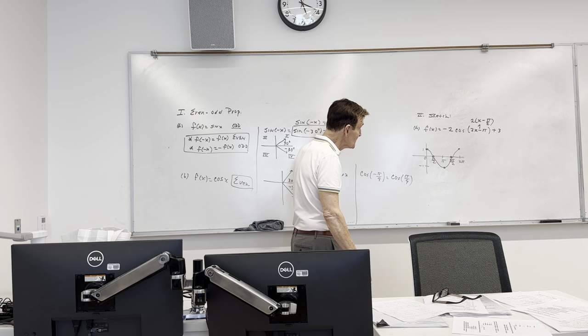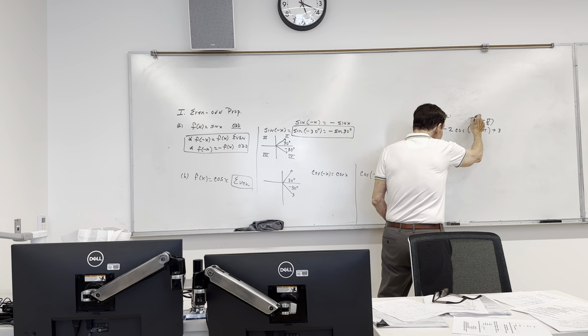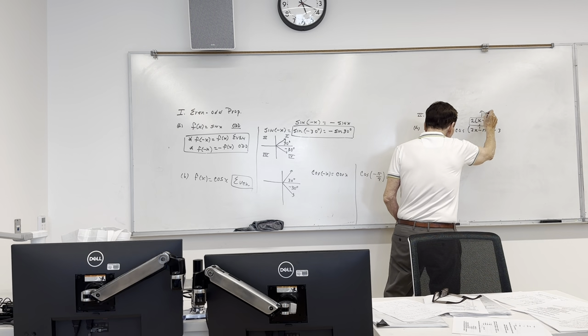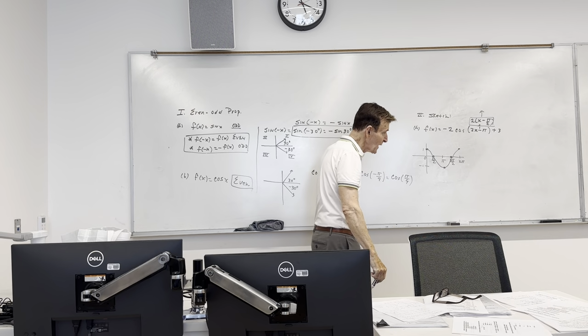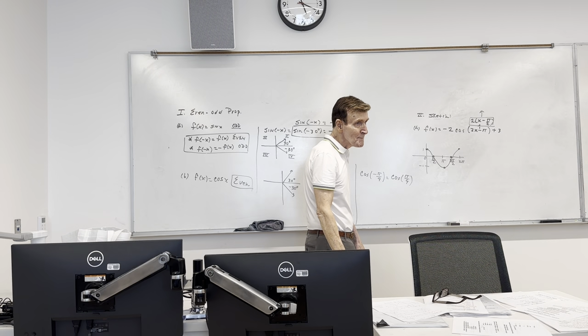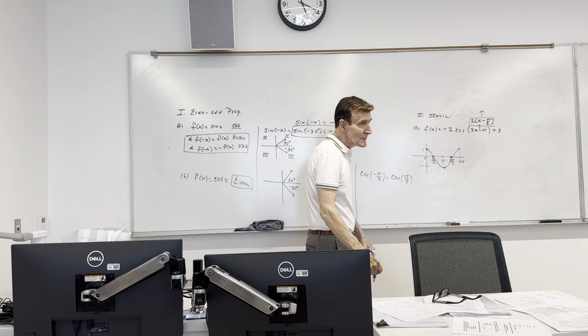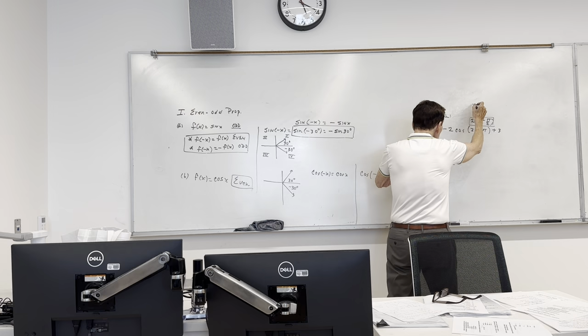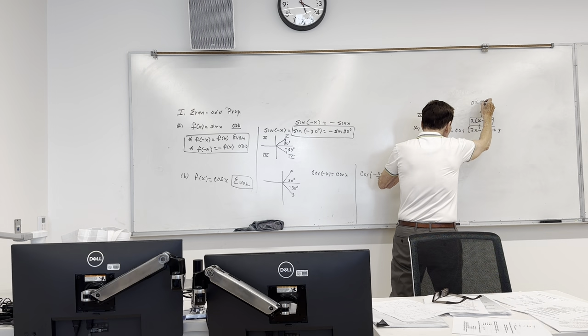You say, what are you going to do, Professor? I'm going to take this and force it to fall between, just like my parent graph did, between 0 and 2 pi. That's the extent of the cycle. So guys, I'm going to have this fall between, right like this.